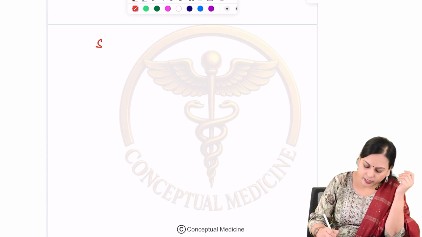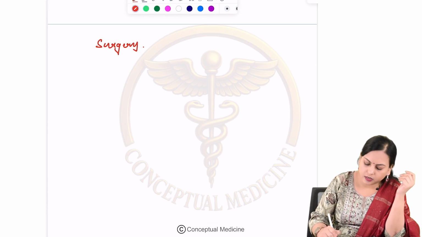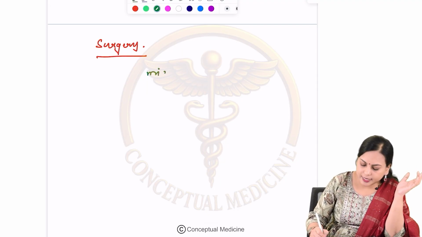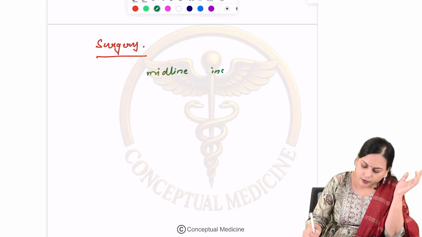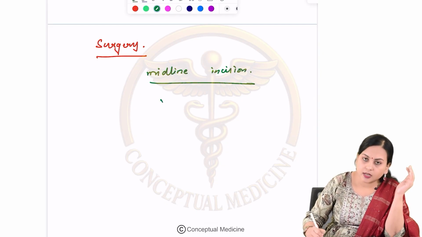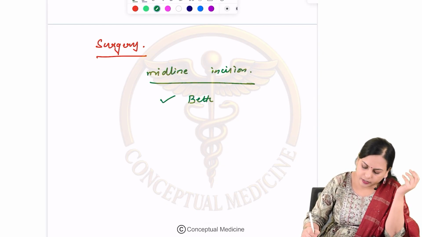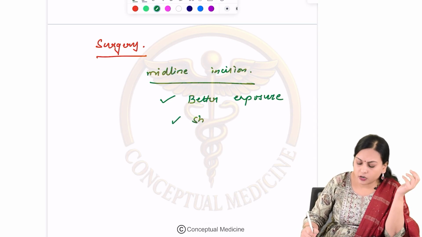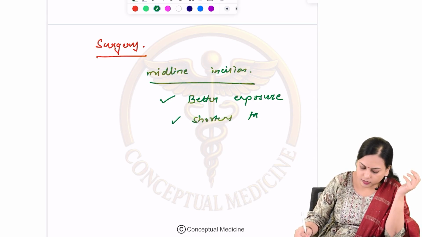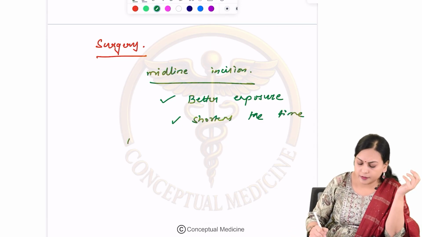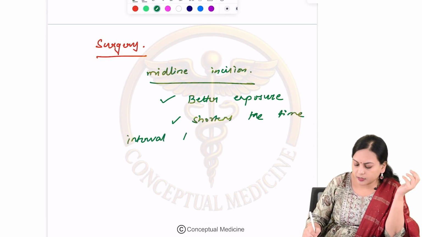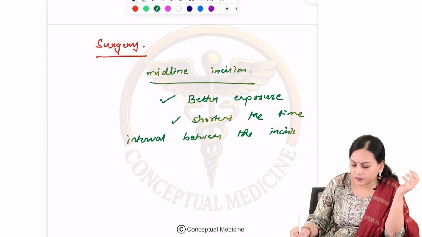And regarding surgery, you can give a midline incision while doing surgery, because there are certain advantages like better exposure, and it shortens the time interval between the incision and delivery as well. Clear?